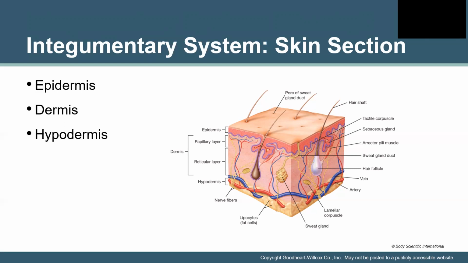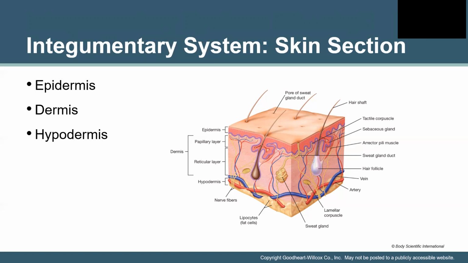I mentioned that the stratum lucidum is only found in thick skin. Thick skin is only found in the palms of the hands, the fingers, and the soles of the feet and toes.